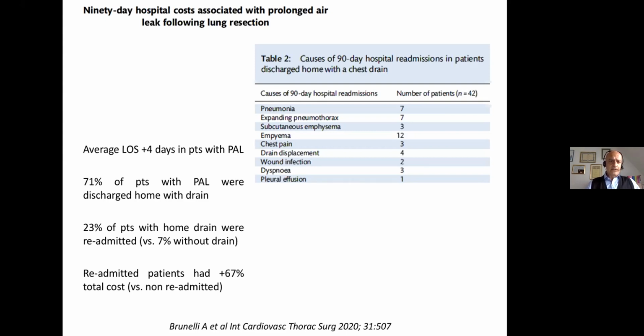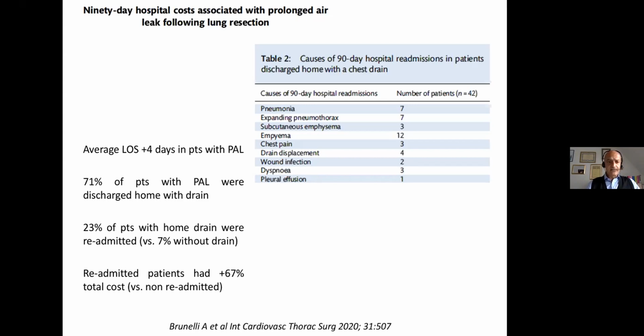But still, those with prolonged air leak have a 4 days longer hospital stay, and this is explainable by the fact that sometimes, with a patient with a minor small air leak, we prefer to keep it 1 day longer to see whether the air leak stops or not, rather than sending the patient home with the chest drain, because we have realized over the years that sending the patient home with the tube is only good for physicians and surgeons, but not as good for patients.